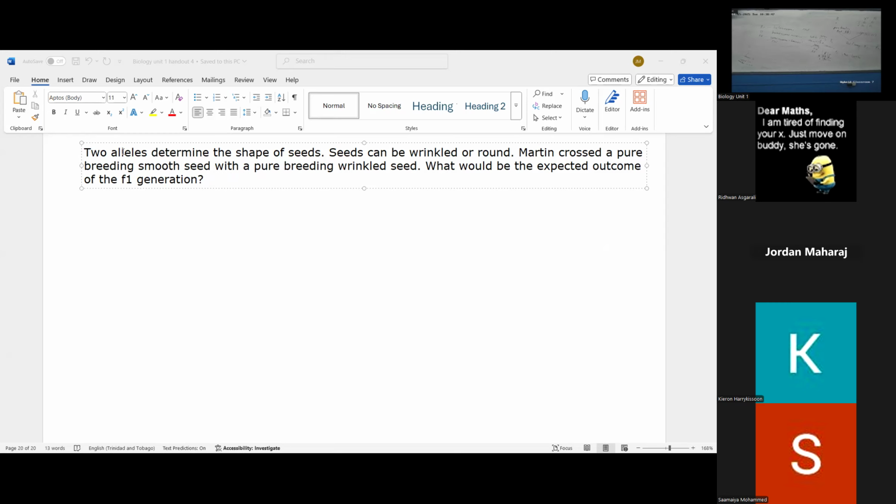You have two alleles that determine the shape of seeds. It could be wrinkled or round. Martin crossed a pure breeding smooth seed with a pure breeding wrinkled seed. What would be the expected outcome of the F1 generation? That's the first part.